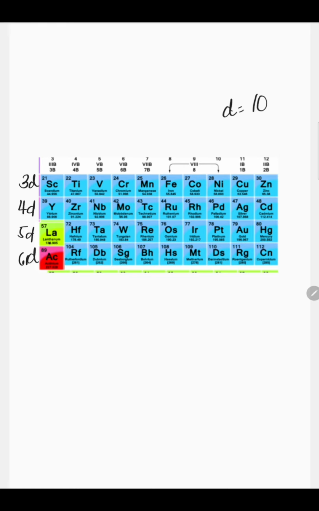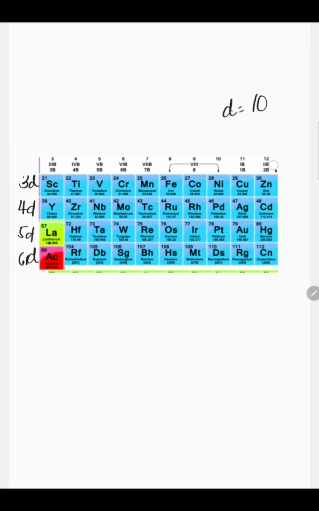So, why D? Because remember, beryllium is here, and then hydrogen is in this. So 1, 2, 3, it's already the third column.